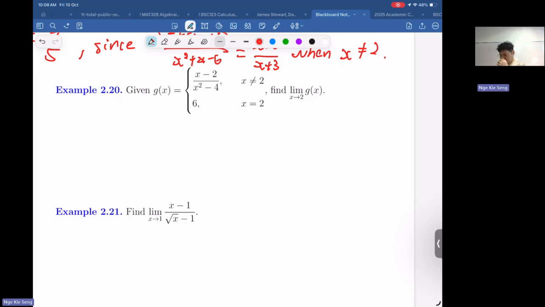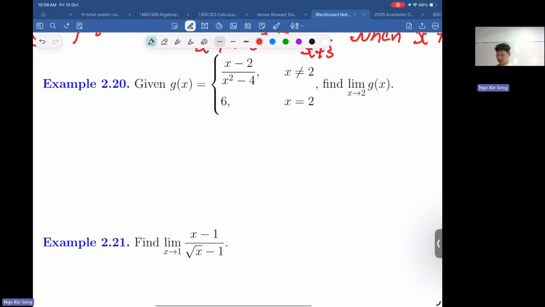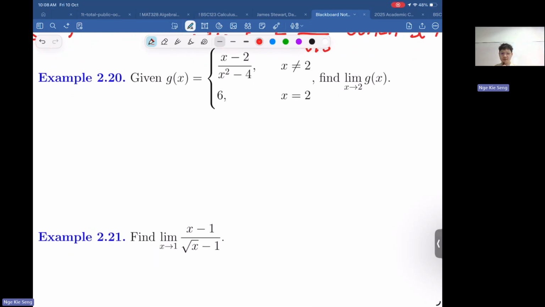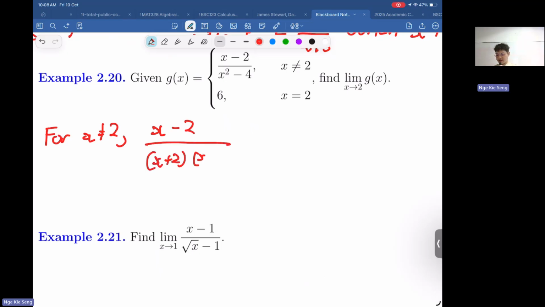Okay, so for 2.20, can we use a similar technique that we learned just now? You realize that there is a difference of squares. You can try and start factorizing first, to see if we can do anything special here. Can we cancel out? Yeah. If x is not equal to 2, the factors are non-zero, so you can simplify them.